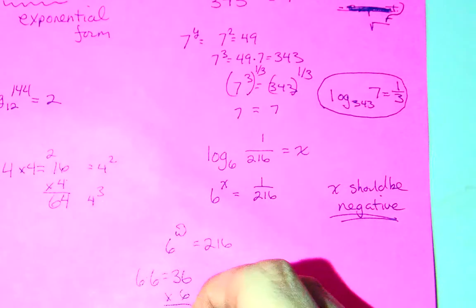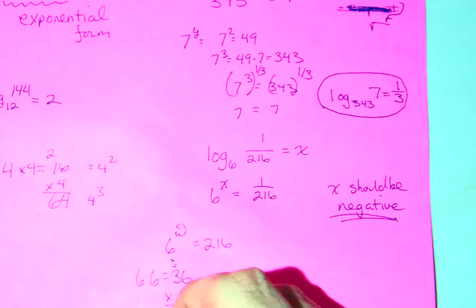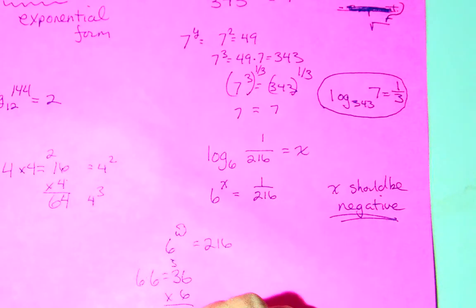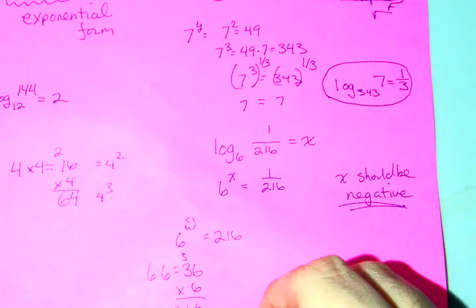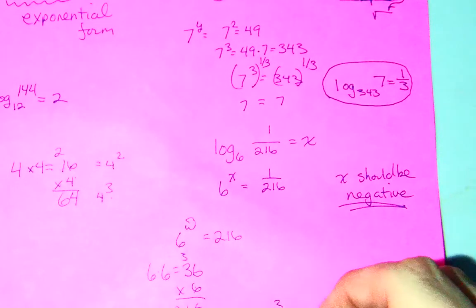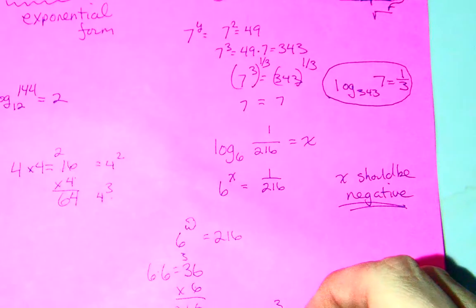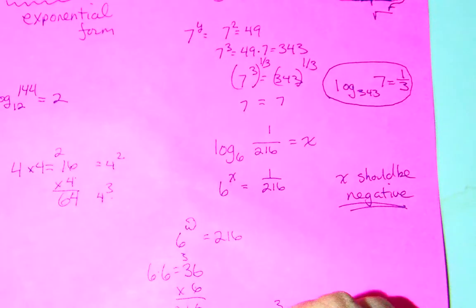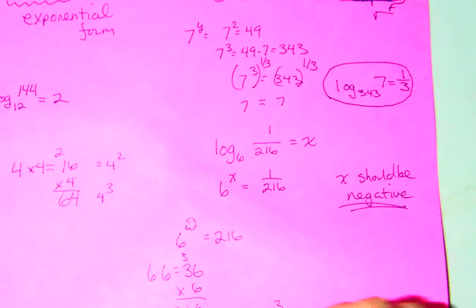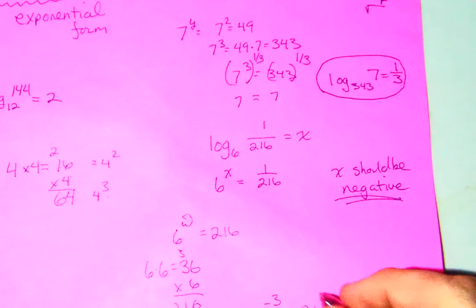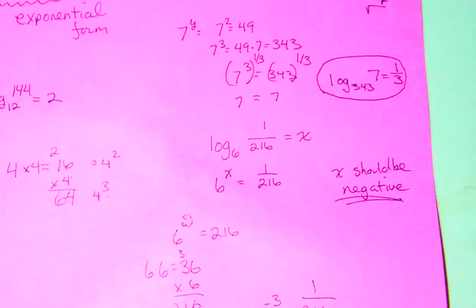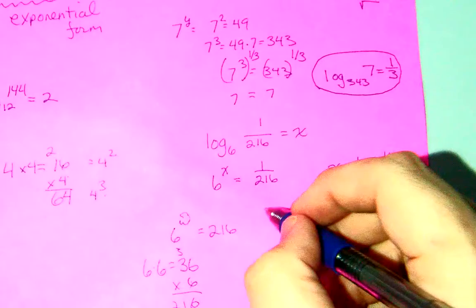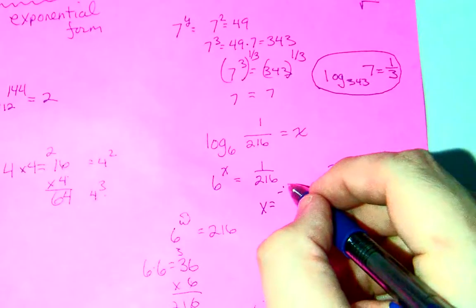Times another 6, that's 216. 6 cubed is equal to 216. So what value is going to get to 1 over 216? That's 6 to the negative 3, because this means 1 over 6 cubed, which is 1 over 216. And then we're good to go. So now I know x is equal to negative 3.